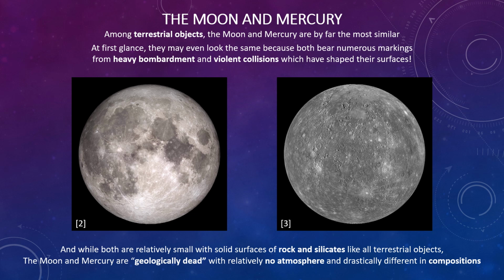And they're both relatively small, with solid surfaces composed of rocks and silicates, which is similar to all terrestrial objects, but they are also both geologically dead and have very tenuous to almost no atmosphere whatsoever. But they are drastically different in compositions.